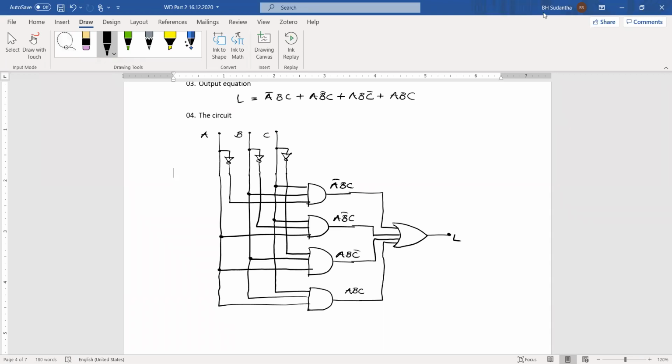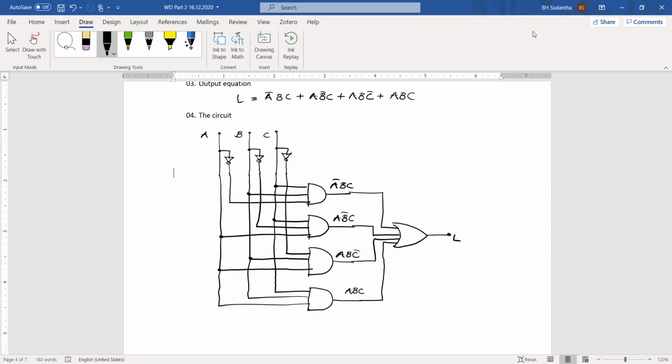Okay. Now you have asked a question that AB plus AC plus AB, is this wrong? Yes, we can't do it like that.